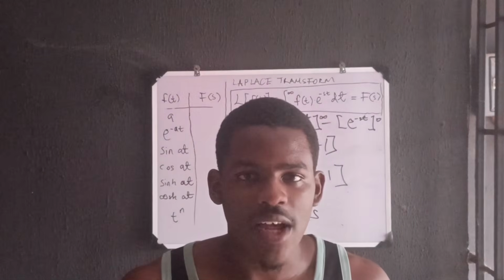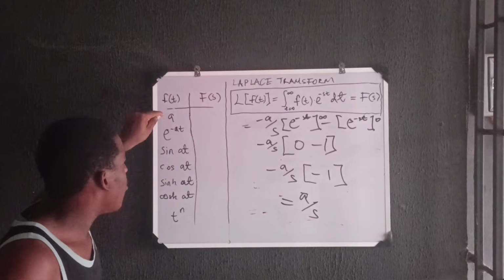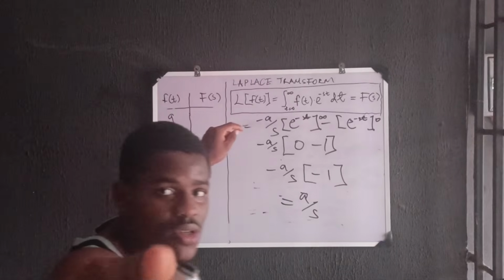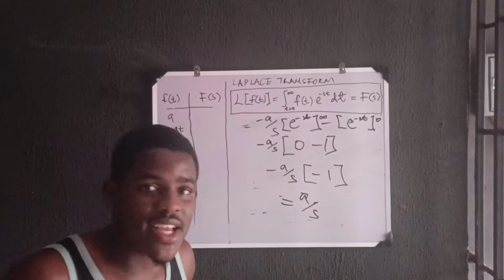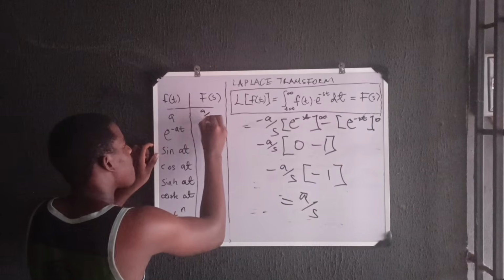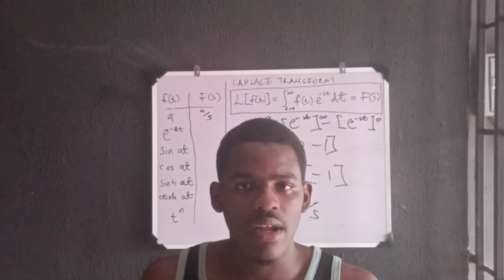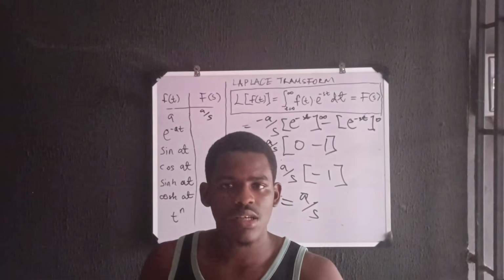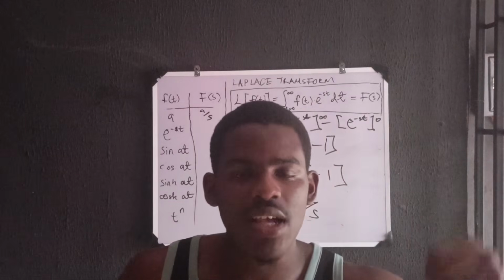So when you have the Laplace transform of any constant, the answer is that constant over s. If someone gives you the Laplace transform of 3, the answer is 3 over s. What is the Laplace transform of 100? The answer is 100 over s.